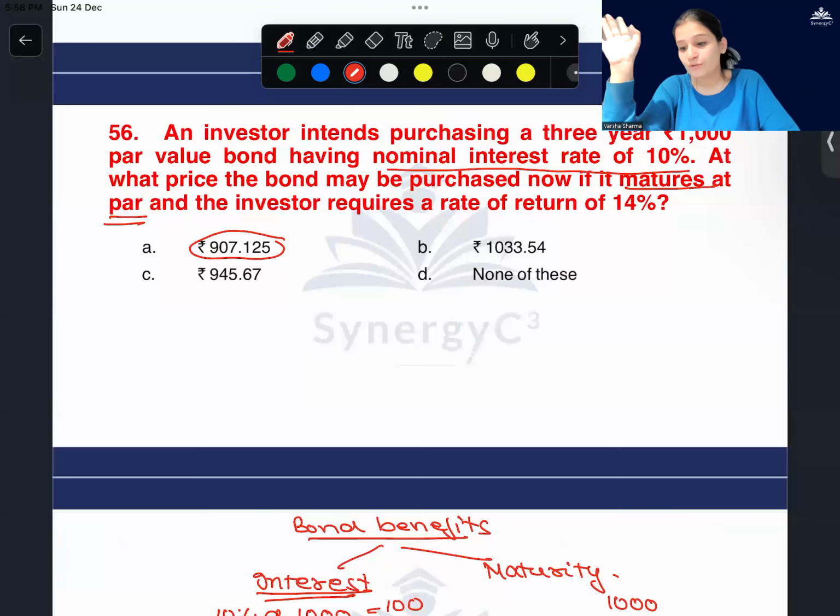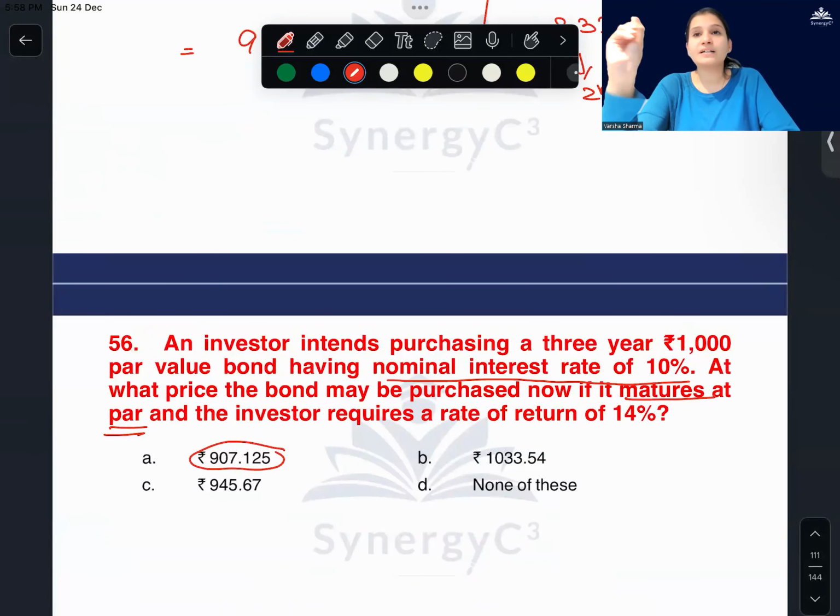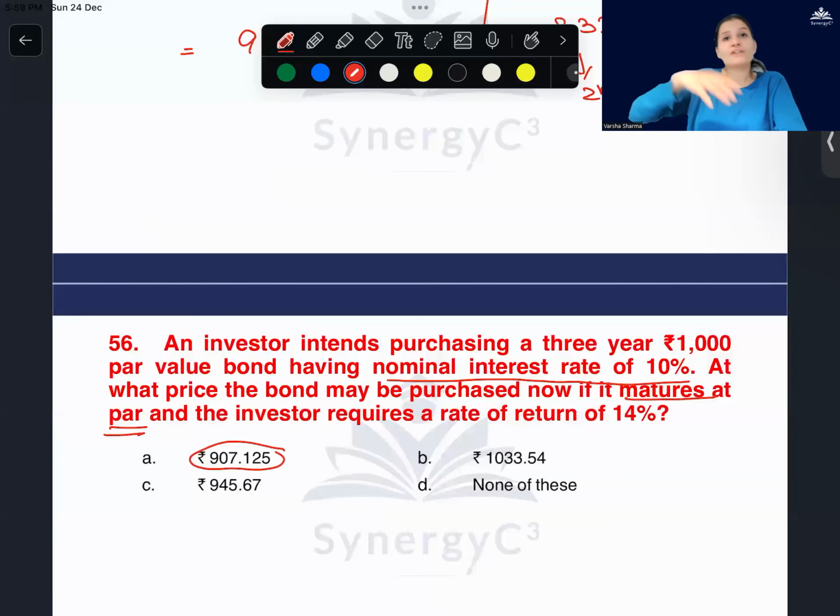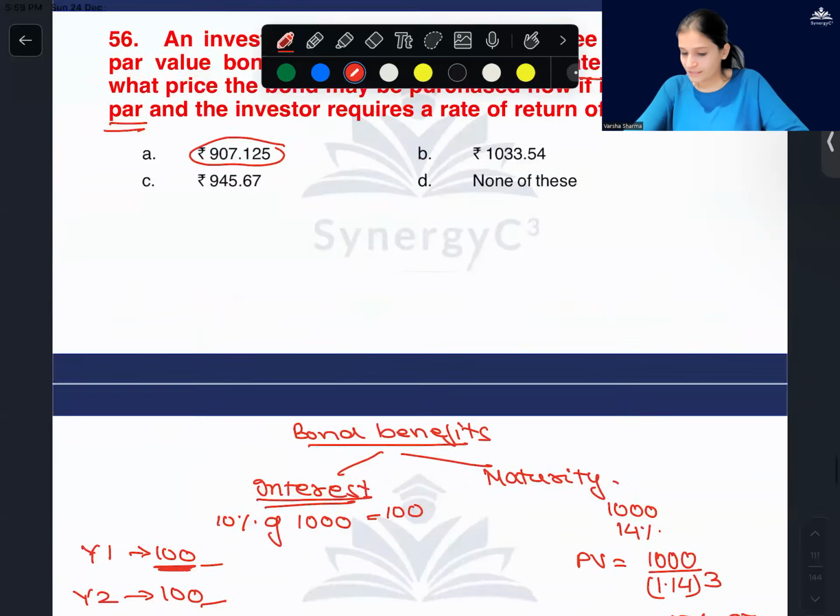It was priced at 1,000 rupees in the question. So 10% of 1,000 is 100 rupees. So every year they are going to pay me 100, 100, 100. That is an annuity every year. So I'm going to calculate that annuity amount for today. I'm going to find my maturity amount as of today. I'm going to add it up. That's my total interest. Thus, here, done. Same sum.